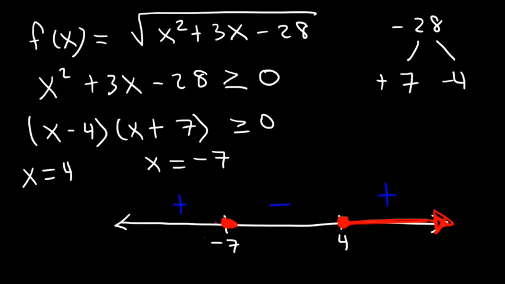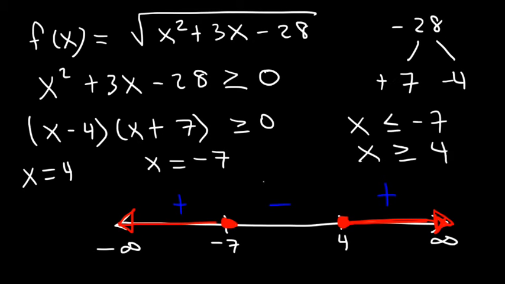So let me write it elaborately. The required interval will be minus infinity to minus 7, and the next interval will be 4 to infinity. That is, x is less than or equal to minus 7 and x is greater than or equal to 4.